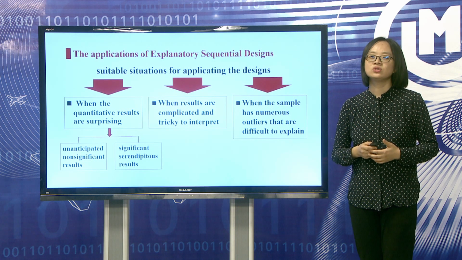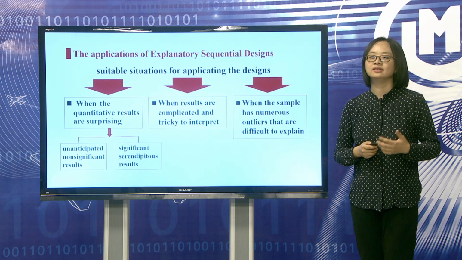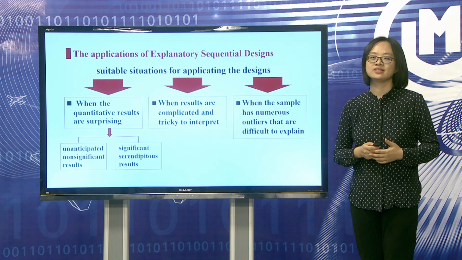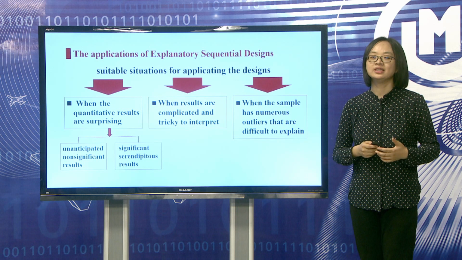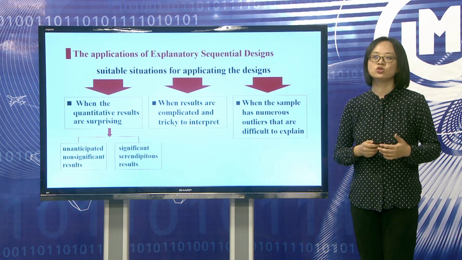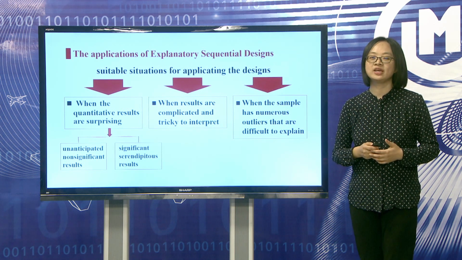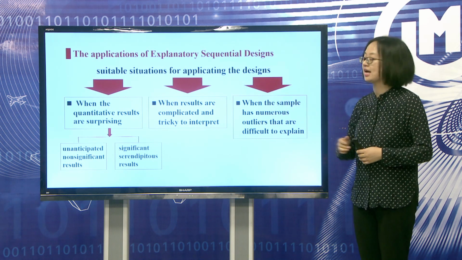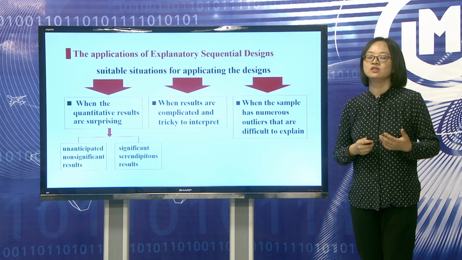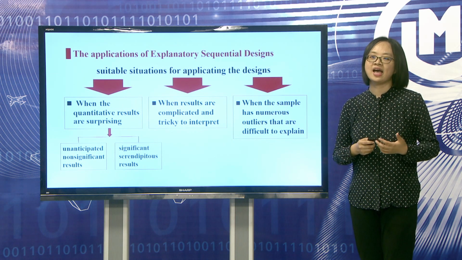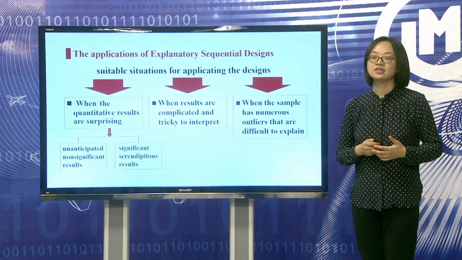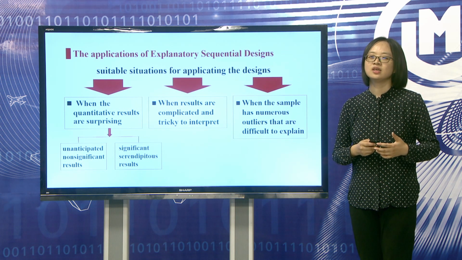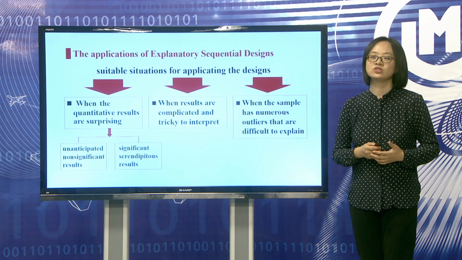Then we are going to talk about the suitable situations for applying the design. An explanatory design is especially suitable in the following situations. First, when the quantitative results are surprising, for example, unanticipated non-significant results or significant circuitous results.